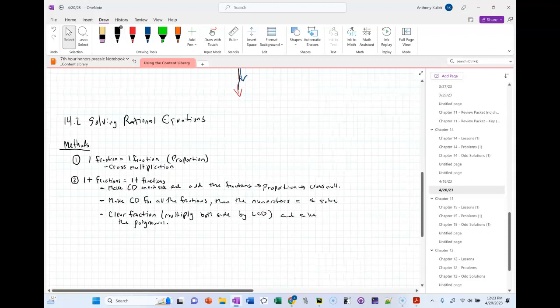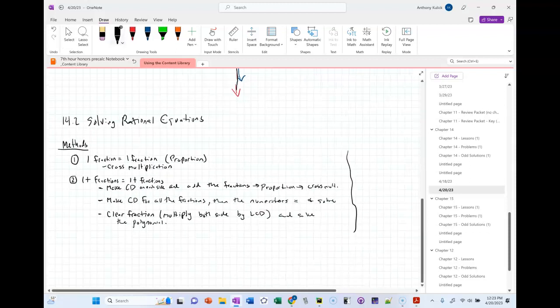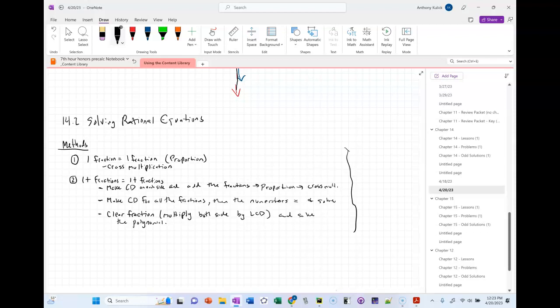What thing do you have to remember regardless of which method you use? When you solve a rational equation, there's something you have to do at the very end, regardless of the method you use.